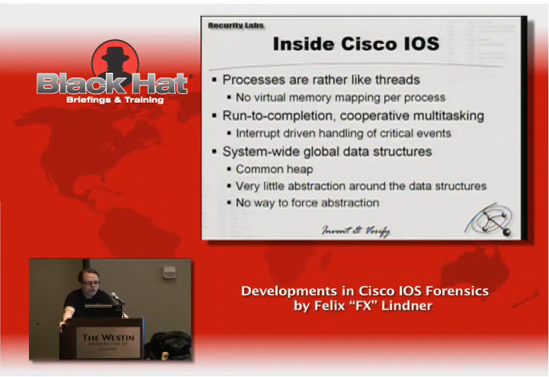They have a run-to-completion cooperative multitasking scheduling. If you remember Windows 3.1 and Windows for Workgroups, and you remember looking at the hourglass for hours and nothing happens, that's run-to-completion scheduling. The operating system cannot interrupt a single task that is eating CPU cycles like crazy and say, I put you on hold and someone else is going to run.